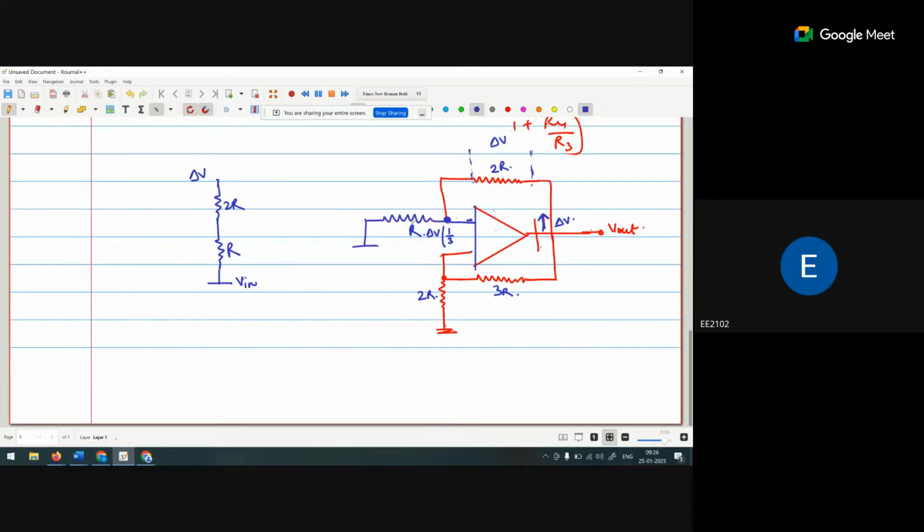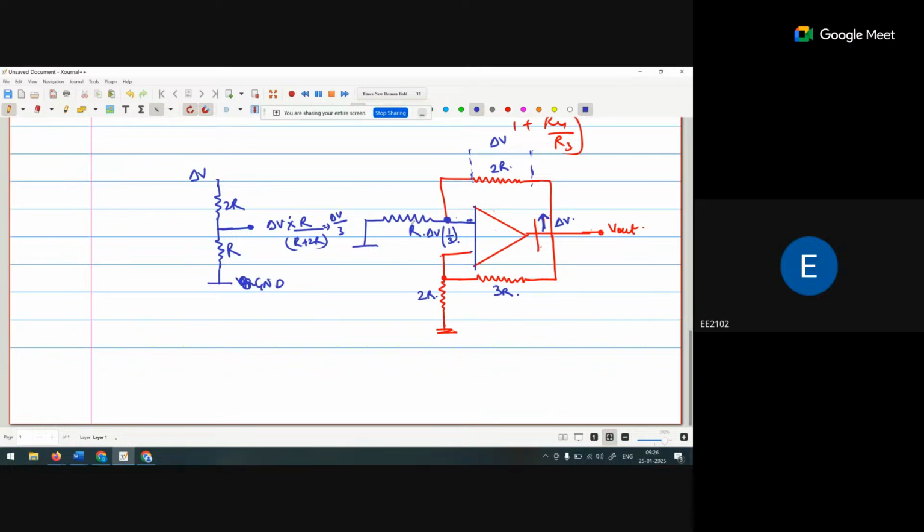So the voltage drop at this point is del V into R upon R plus 2R, that is del V upon 3. So del V by 3 we are taking.